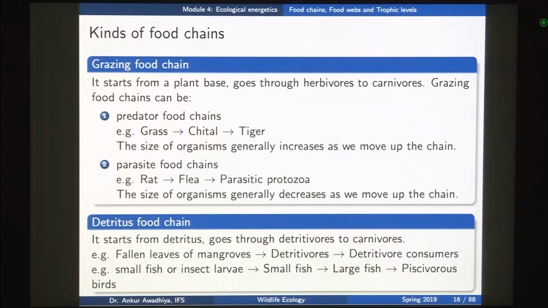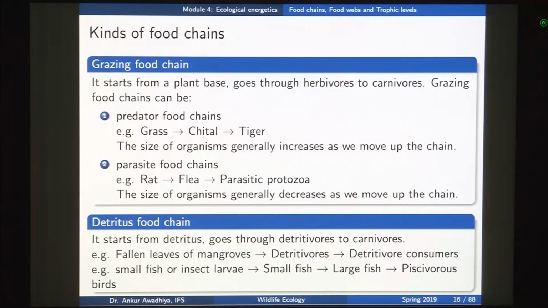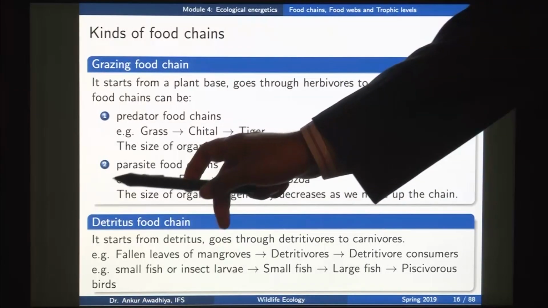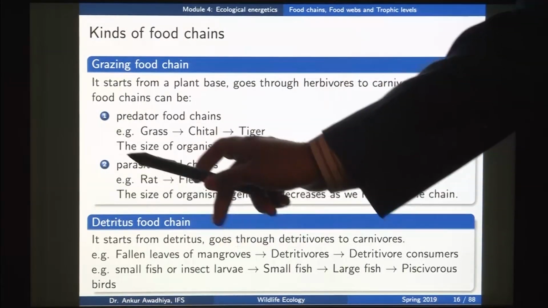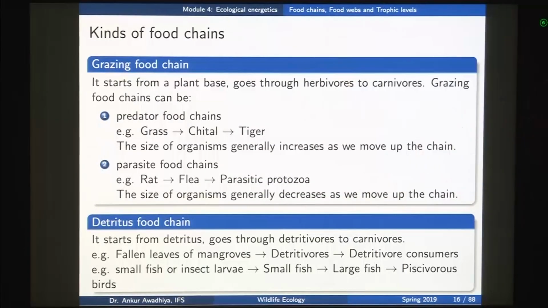On the other hand, when we look at the parasitic food chains, an example is rat, flea followed by a parasitic protozoa. In this case also, the rat will be preceded by the grass or say grains. But the portion from grass to rat will be a predator part of the food chain, while rat to flea to parasitic protozoa is a completely parasitic food chain.